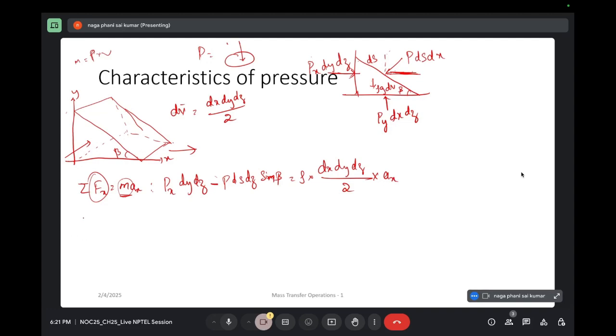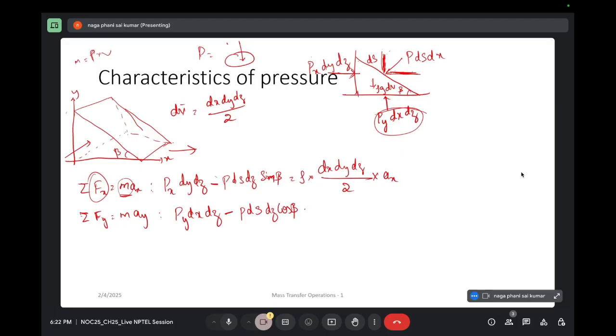Similarly, we will also balance forces in the y direction, that is m into ay. So this is going to be py into dx into dz, that is this particular force, minus the y component of this force, that is p into ds into dz into cos beta.